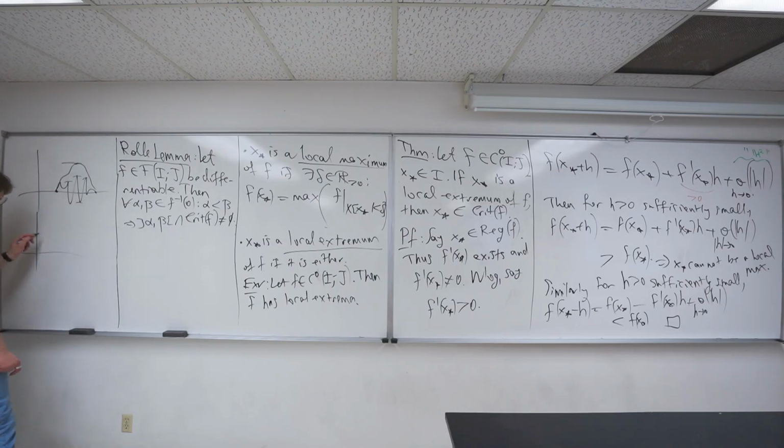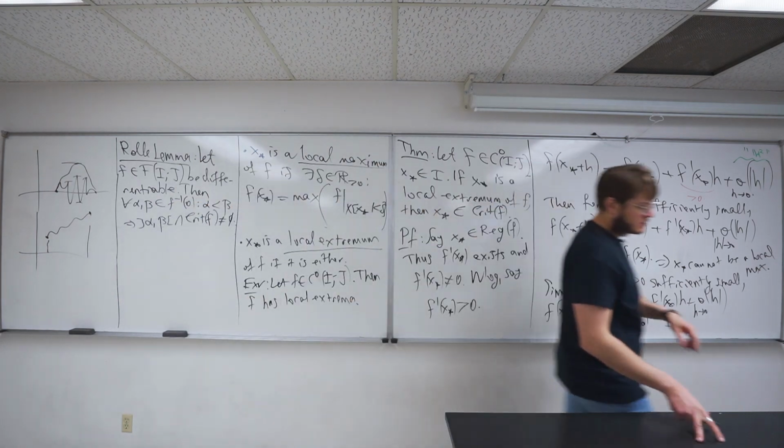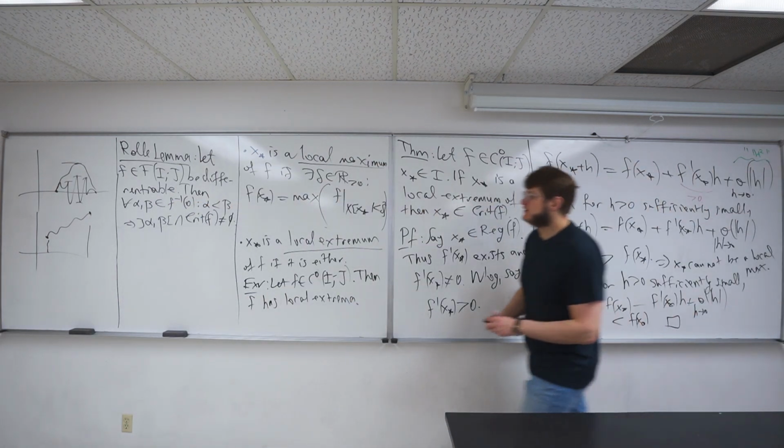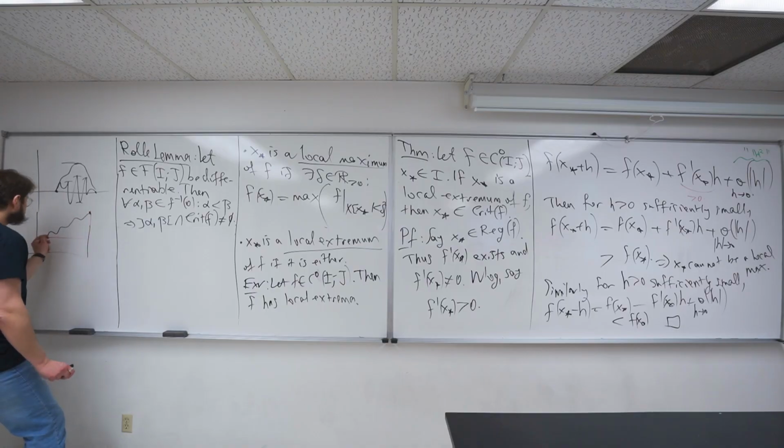With mean value theorem, you do something like this. Again, you take a differentiable function, like so. Okay, maybe it's at different heights. You look at the line segments connecting these endpoints. So you draw this triangle. Okay, that gives you a line.